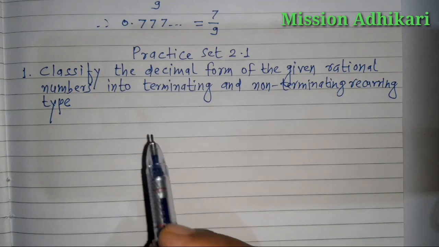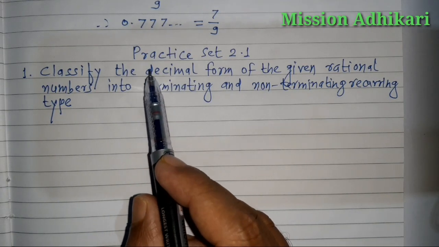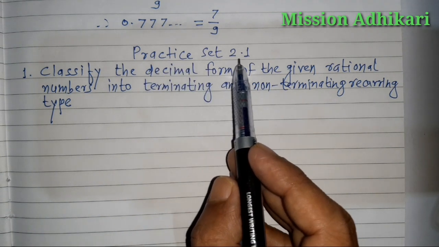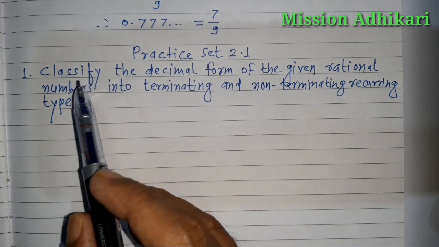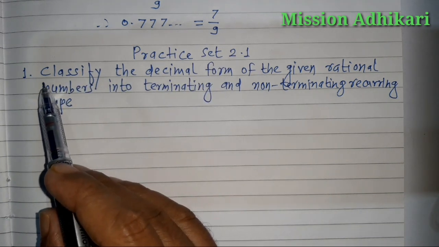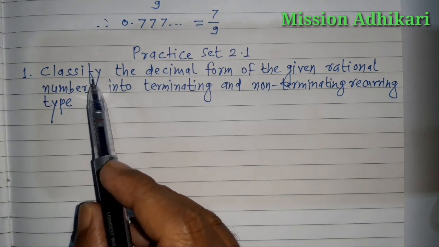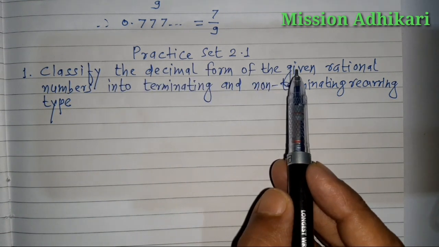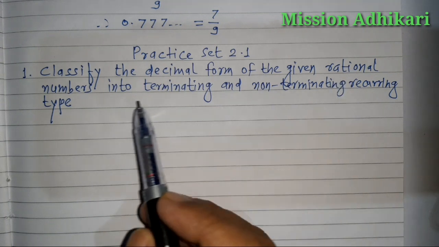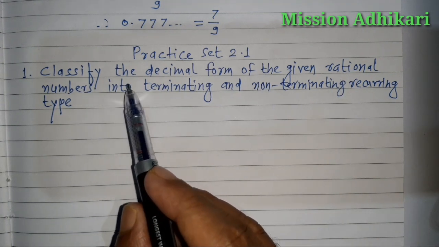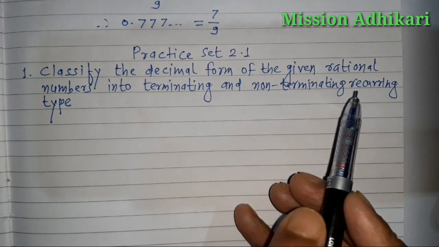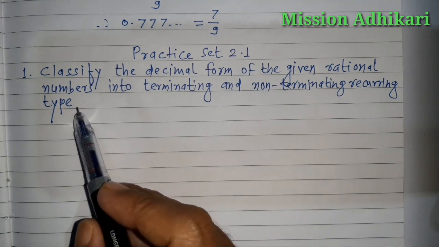Hello friends, after that we learn practice set 2.1. Question number 1: classify the decimal form of the given rational numbers into terminating and non-terminating recurring type.